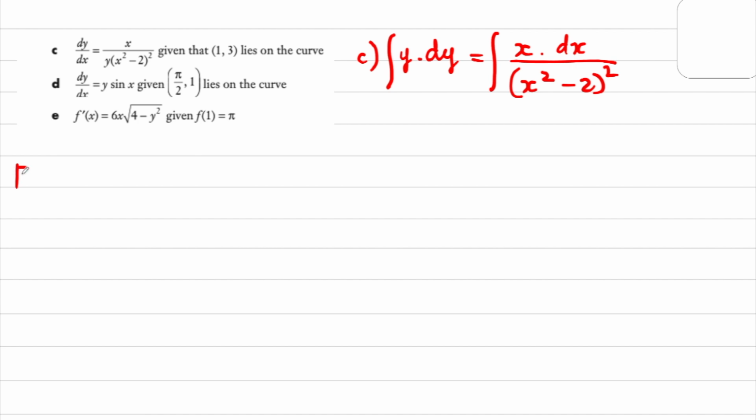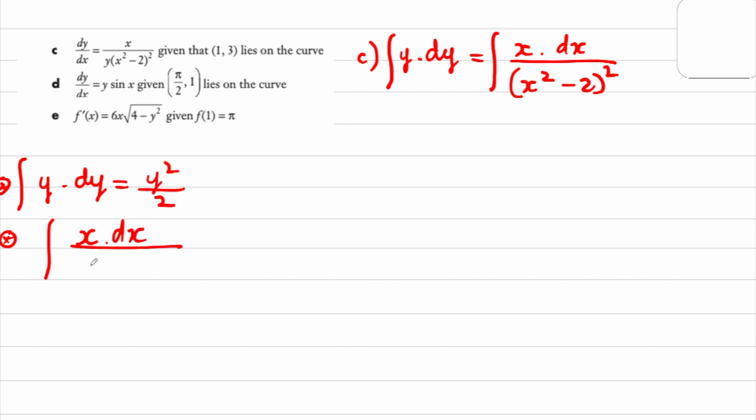About the left hand side, I have y multiplied by dy here, so y squared over 2. This is the first integral we finished. The second integral, you will get x like here, so the best method for this integral is substitution. But the other way you can solve it is something like this.